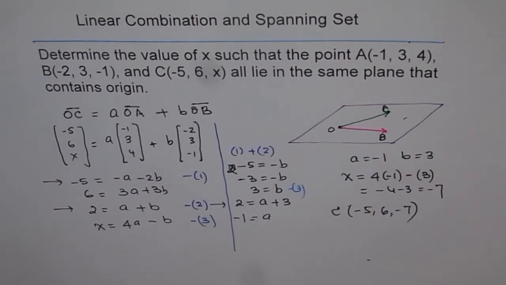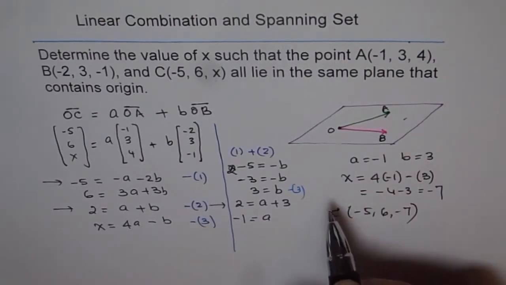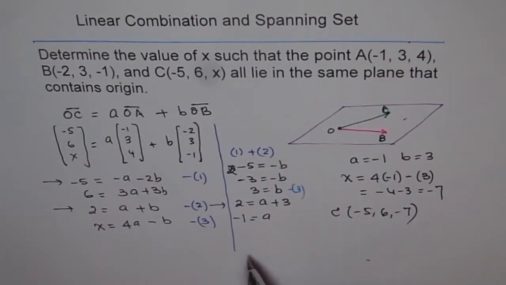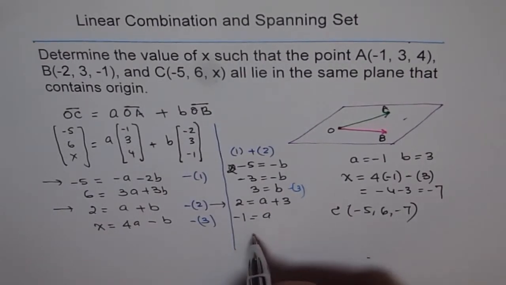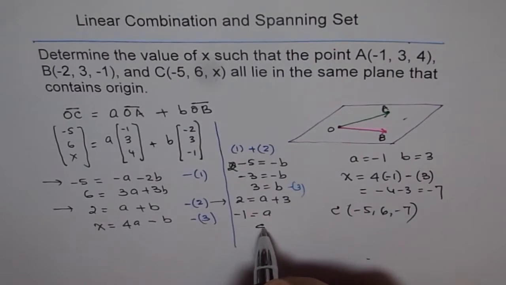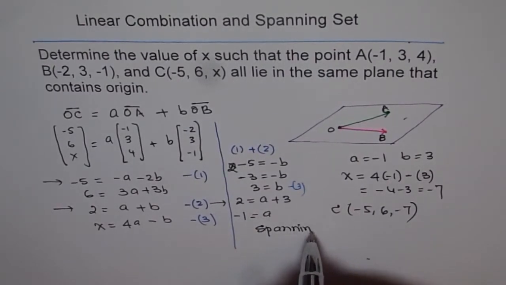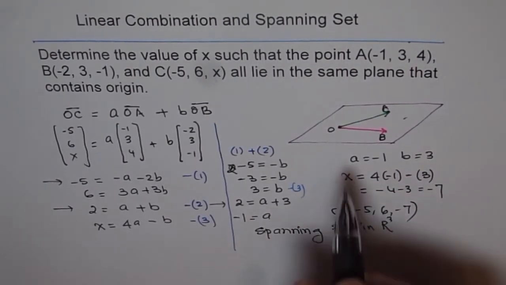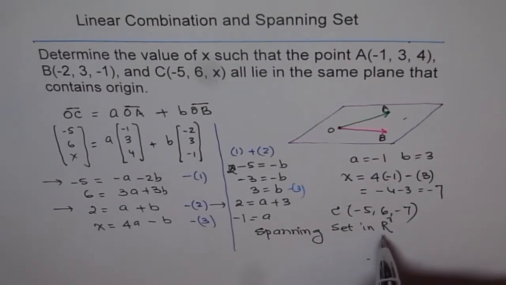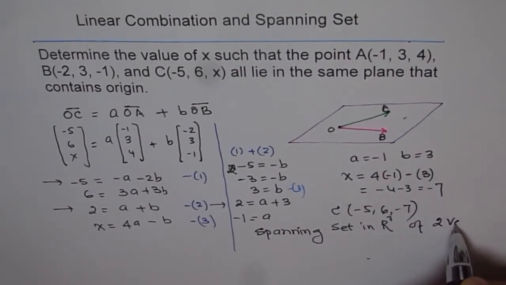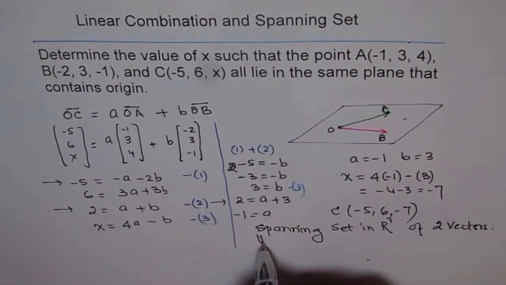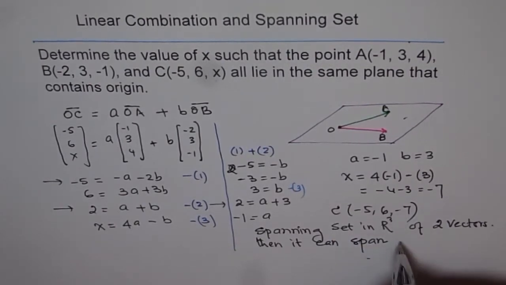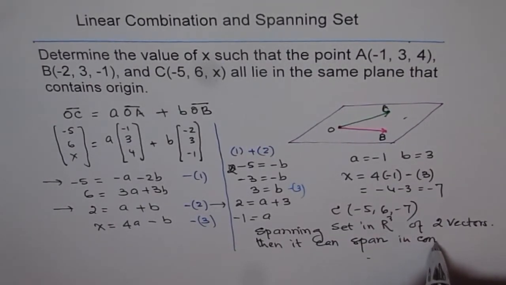Now what did you learn from here? The important thing you learned is that if you have a spanning set of two vectors in R3, then it can span only in the plane it contains.